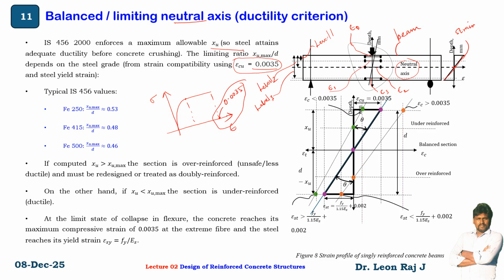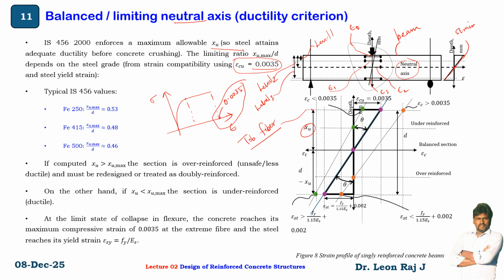Usually the depth of the neutral axis is measured from the top. This is the top or compression fiber, and XU is measured from the top.